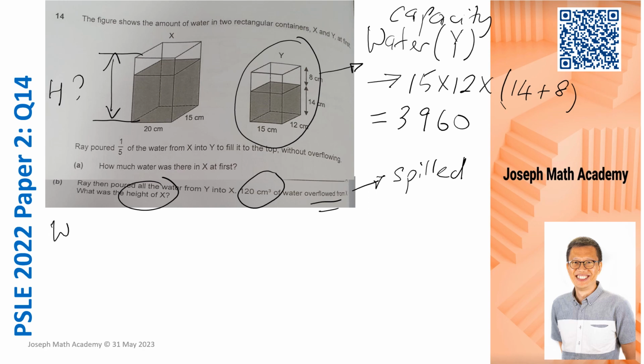So water in container X at first was 7,200 ml.